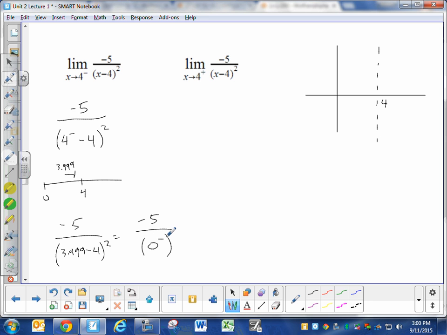However, I'm taking that value that's infinitely small and negative, and I'm squaring it. When we square numbers, we get positives. So this turns into negative 5 over an infinitely small positive value, giving me something infinitely large and negative.